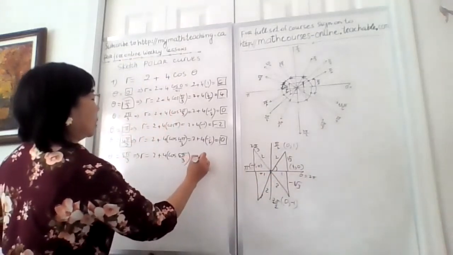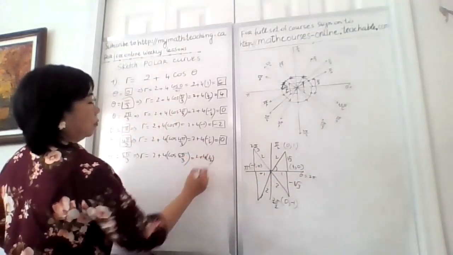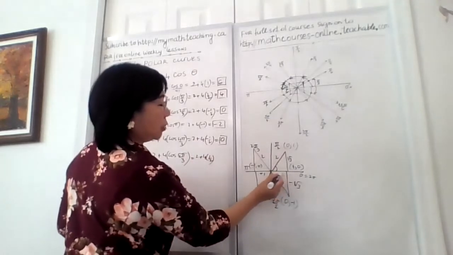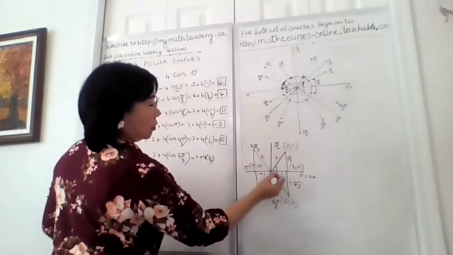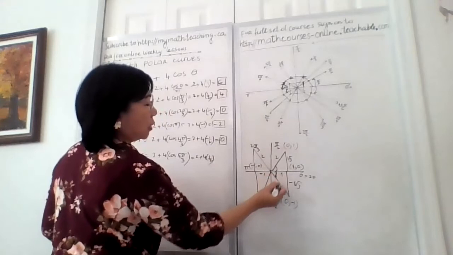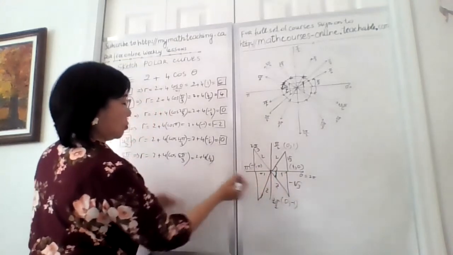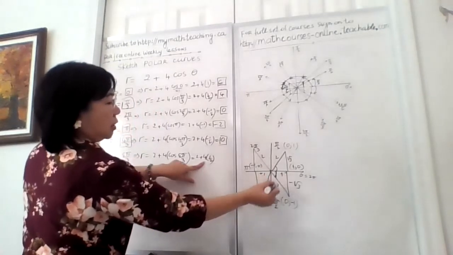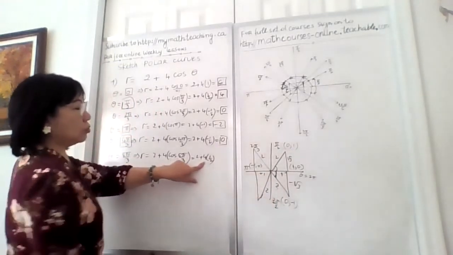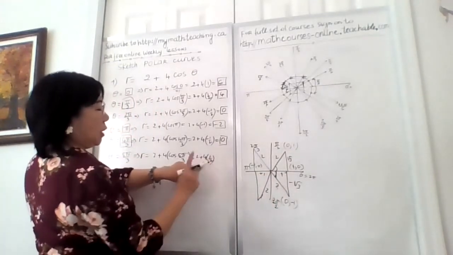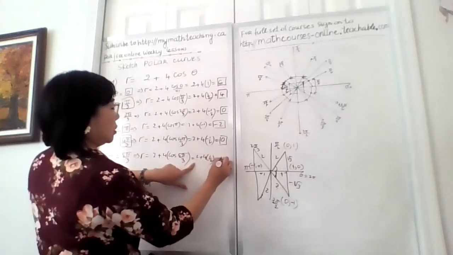So it will be 2 add 4 times 1/2. Cos of 5 pi over 3, which is this angle here, is 1/2. Cos equals adjacent over hypotenuse. So adjacent is 1, hypotenuse is 2, so 1/2. 4 times 1/2 is 2, 2 add 2 is 4.